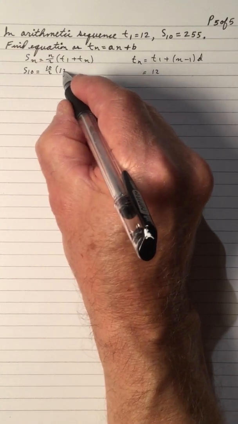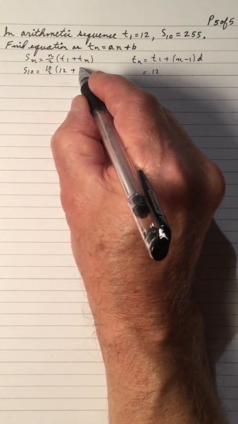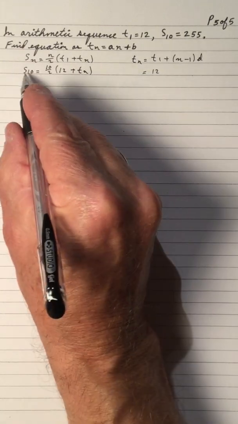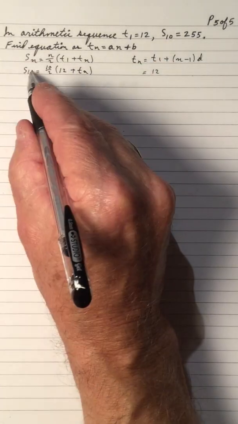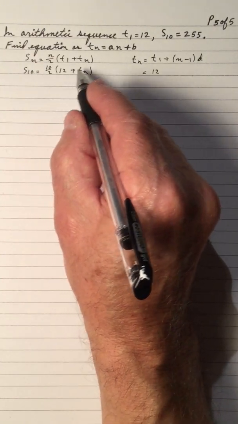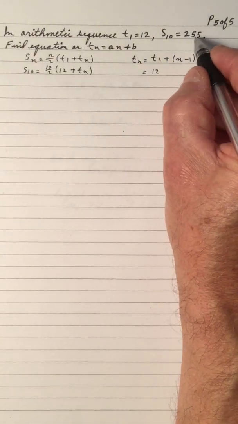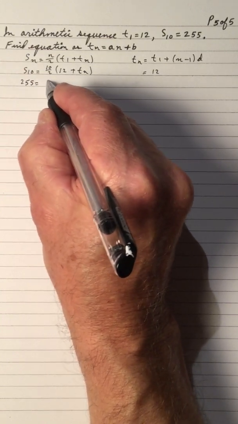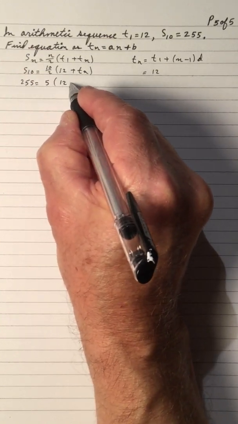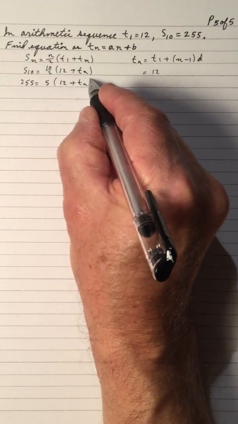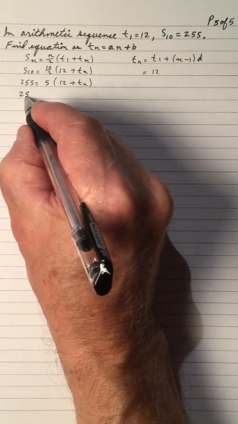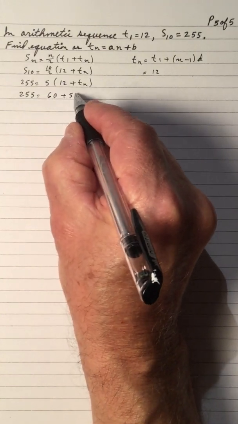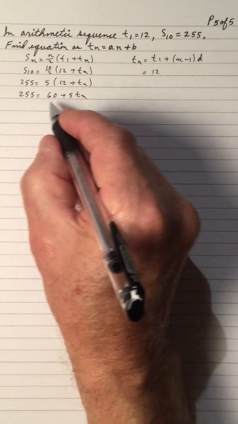We have T1 is 12, but we don't have Tn. S10, the n is 10, and S10 is 255, 5 (12 plus Tn). So looks like we got one unknown in this equation. So we'll keep working this equation, solving it for Tn.